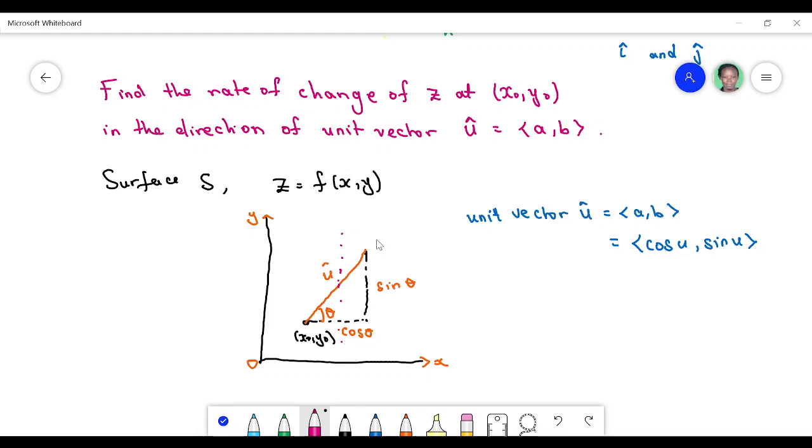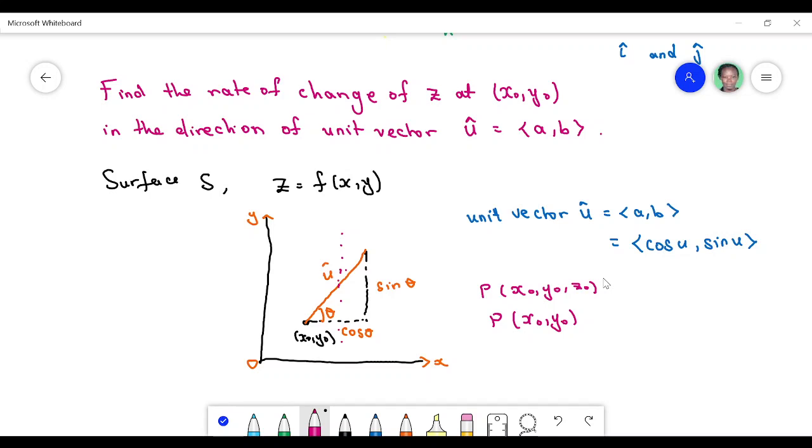This vertical plane passes through the direction of u, whichever direction u is going. u could be going in this direction or any direction. The point P in 3 dimensions will be x naught, y naught, and z naught. But in 2 dimensions, you just have x naught and y naught.